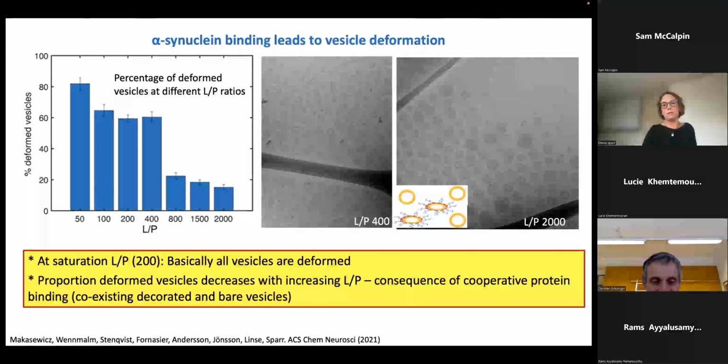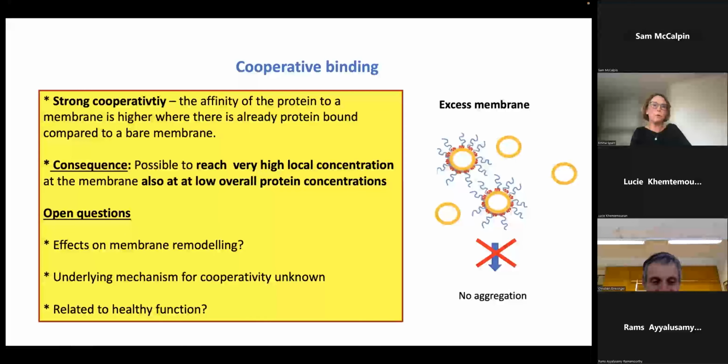And that supports the conclusion that I presented before, that you basically have two populations, bare and covered, decorated vesicles, and when you go to a large excess of vesicles, of course, you get more of the bare ones. So the conclusion is that we have strong cooperativity in the binding of alpha-synuclein to the membrane.